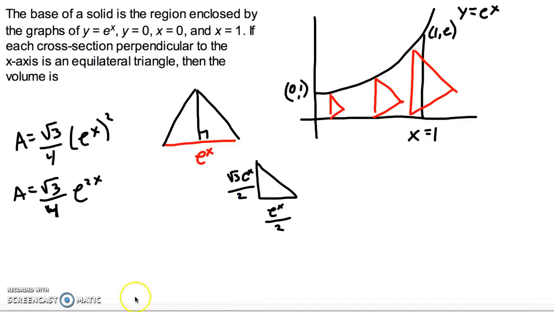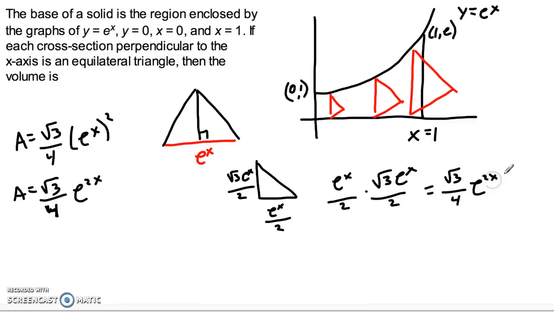To find the area of the original triangle, it's 1/2 base times height. But this is 1/2 the base, so it's simply that times that, which is base times height. So I have e to the x over 2 times radical 3 e to the x over 2. And you can see pretty quickly there, that's where you get your radical 3 over 4, e to the x times e to the x, or e to the 2x.